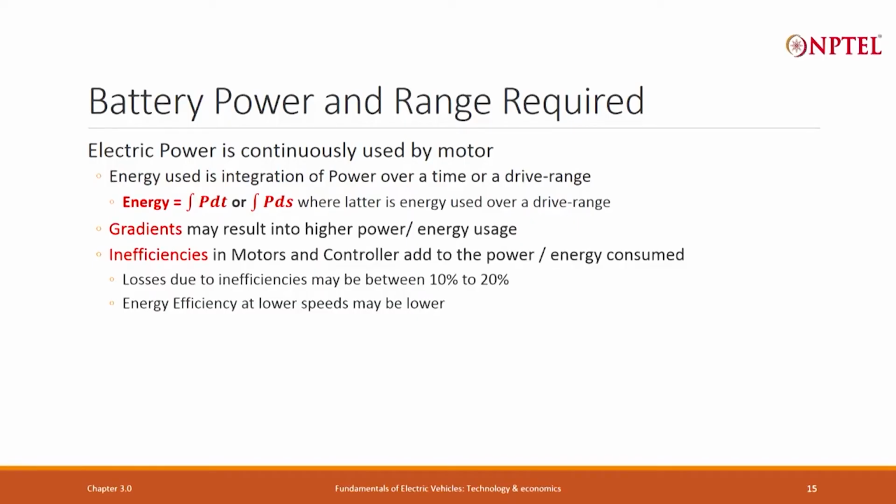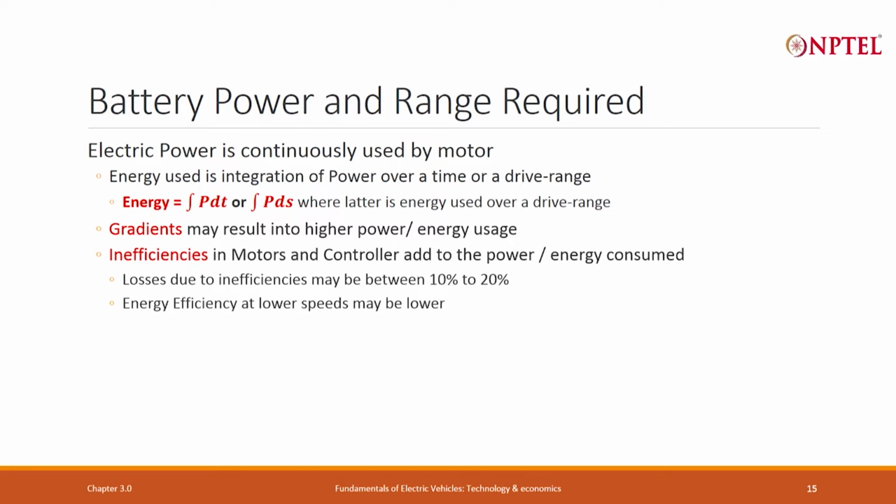One concern that you find, I have, for example, I drive an electric vehicle. If I drive at 55 kilometer per hour, I find that actually I am consuming very little energy per kilometer.